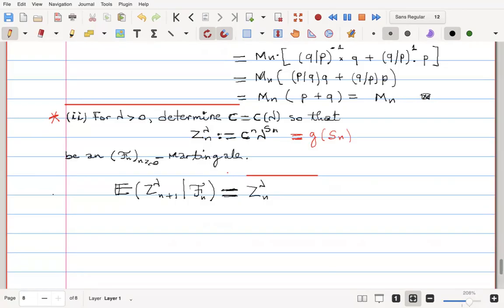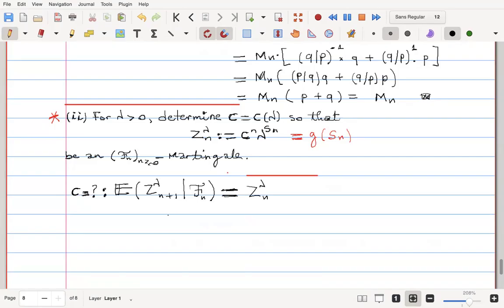We want c such that we have this martingale property. Now, what is Z n plus 1 lambda?